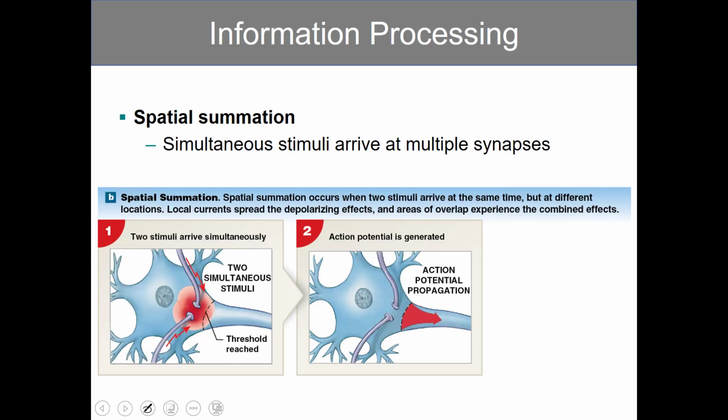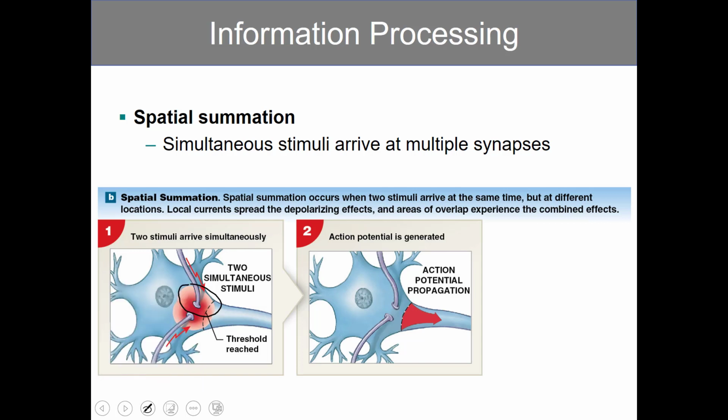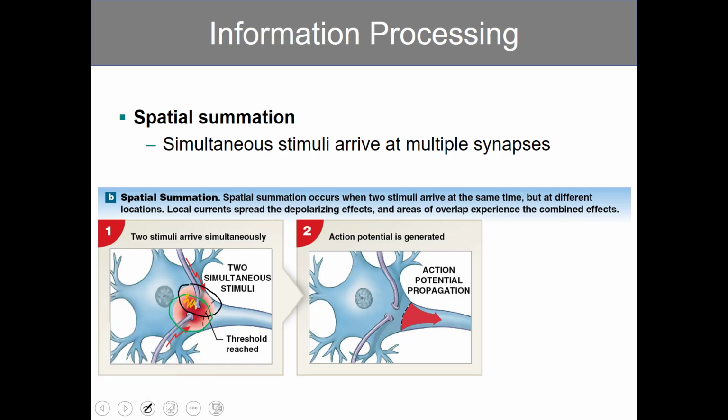The alternative is spatial summation, where you have two synapses that have overlapping fields. Here is your first synapse. Here is the field for your second. So you have this area of overlap right here.